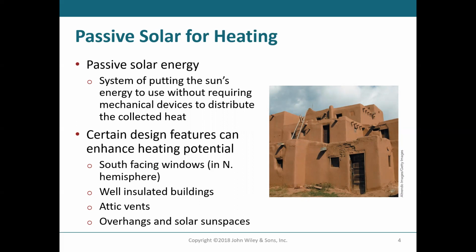It's been used for centuries and uses materials found naturally to insulate and keep the cool inside. Thick walls are carefully placed as well as windows in certain regions. And here you can see those design features that contribute to passive solar energy heating.